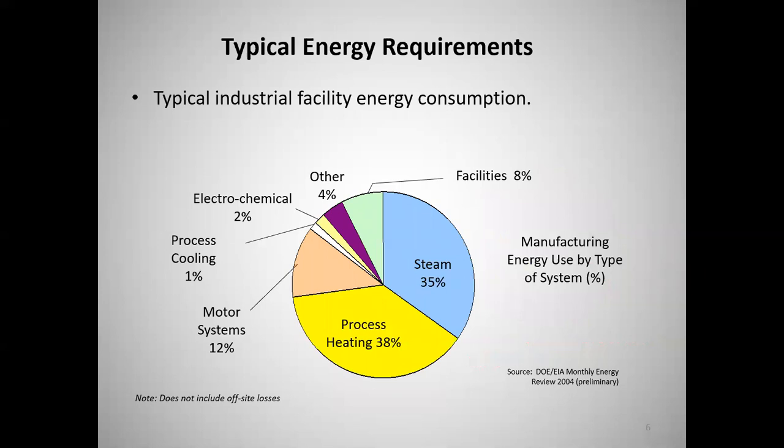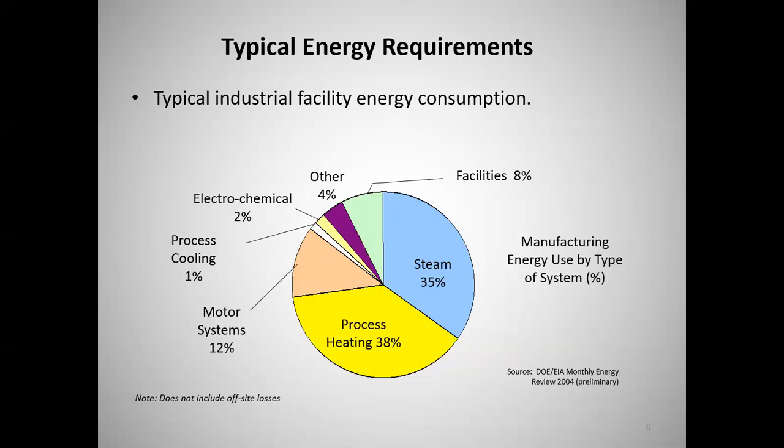Typical energy requirements, you can look, and there is probably no one typical plant, but if you do the averages, you see steam accounts for roughly 35%, and process heating 38%. Well, steam and process heating are probably natural gas driven.